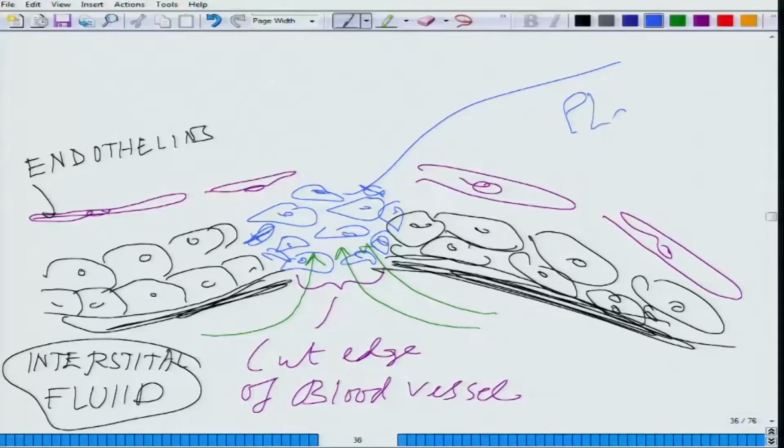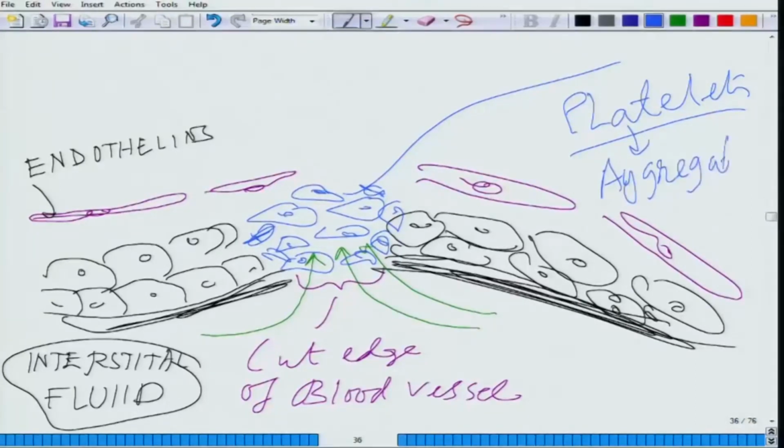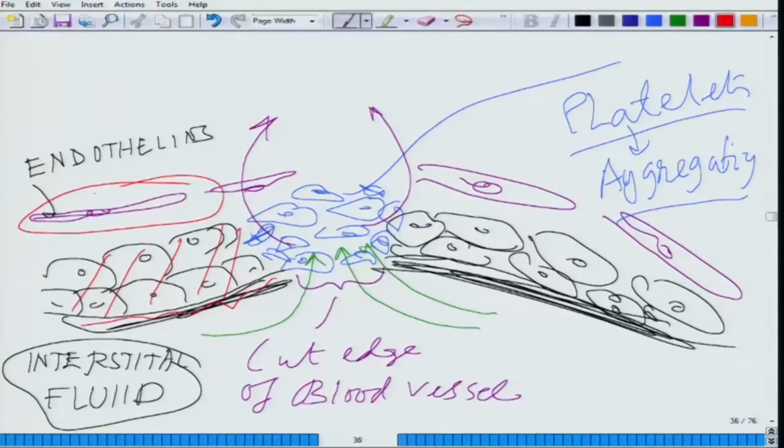So, they are aggregating at the site of injury. While they are aggregating, simultaneously from the platelets as well as from the surroundings, there is secretion of certain factors. The secretion could take place from these cells, which I am shading in red now, as well as from these cells, which I circled.